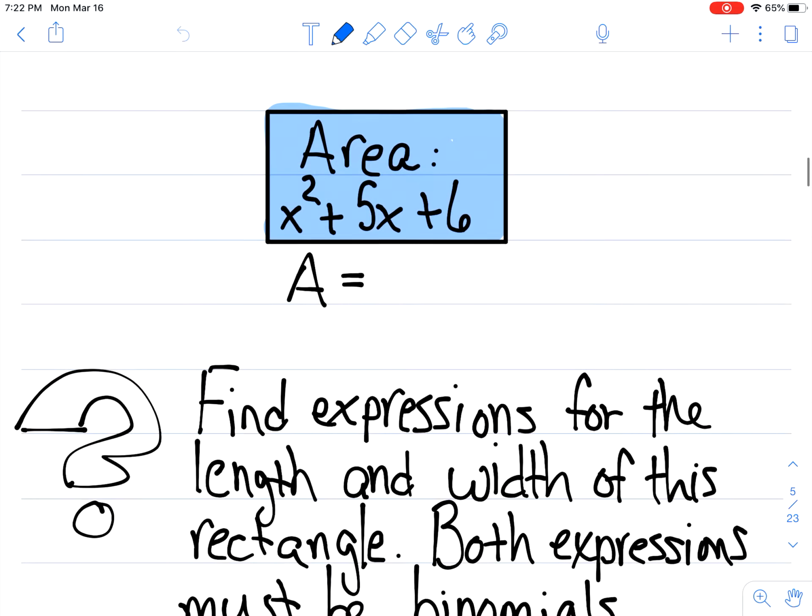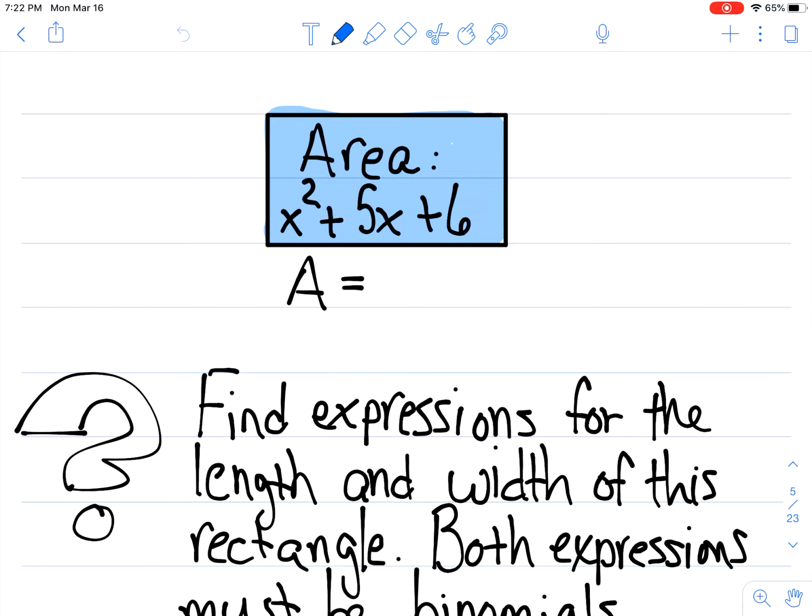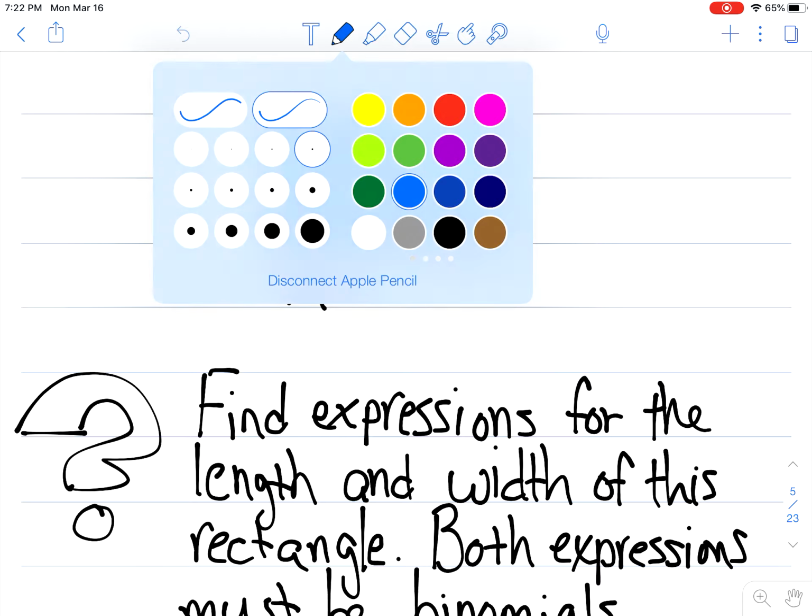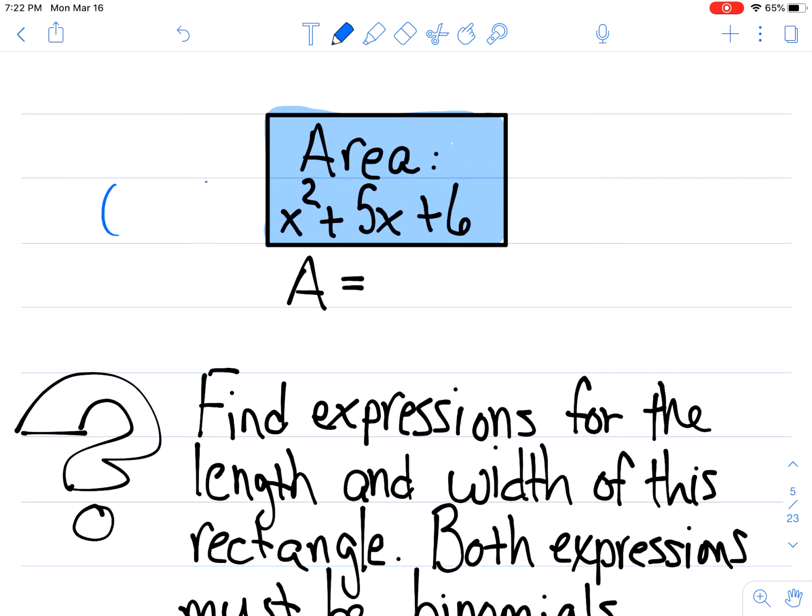Basically, what we have to do is find two factors, a length and a width, that multiply to the given expression. As it works out, there's only one way to get an x squared. x squared equals something times something, and the only way you can get an x squared is if the two somethings are x and x.